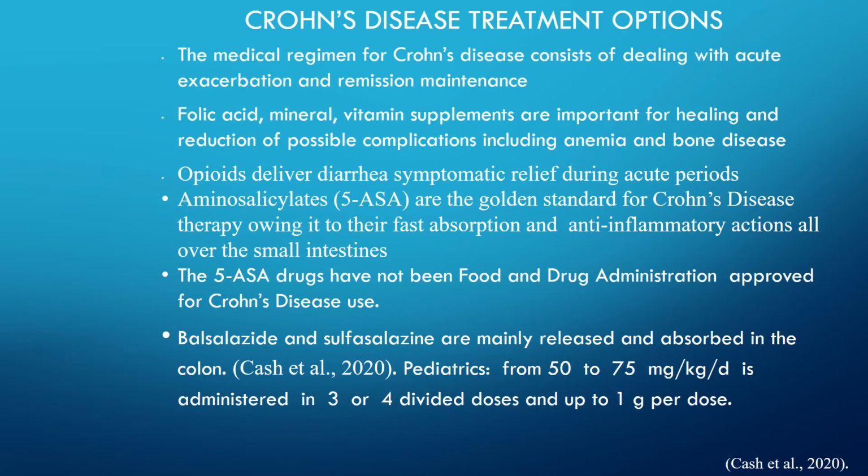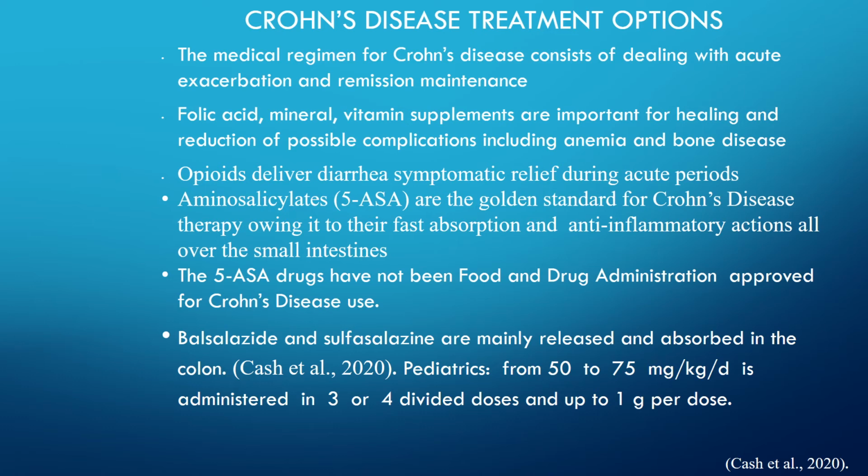Crohn's disease treatment options include a medical regimen consisting of dealing with acute exacerbations and remission maintenance. Folic acid and mineral vitamin supplements are important for healing and reduction of possible complications, including anemia and bone disease. Opioids deliver symptomatic relief of diarrhea.